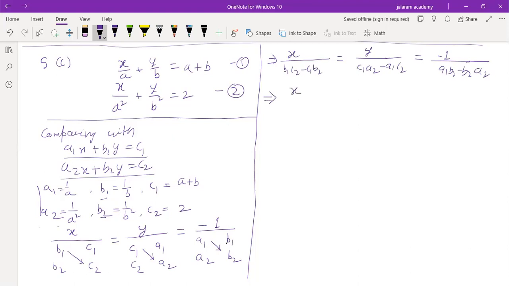It implies now we write the values. x upon, what is the value of b1?